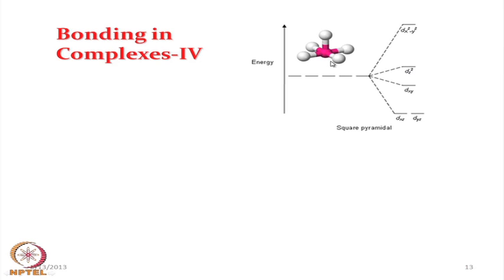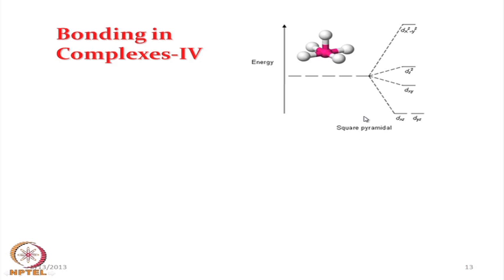In this geometry also, we expect nickel 2, palladium 2 and platinum 2 in the bivalent state to be diamagnetic. So, not only square planar geometry but also square pyramidal geometry for these metal ions can give us diamagnetic compounds.